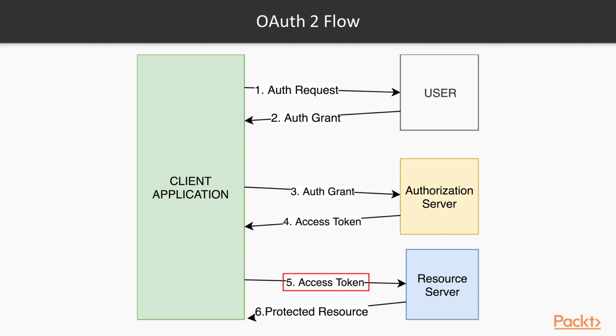Once we have that access token, we need to go to the resource server that is returning actual protected resources. So in this example, resource server could be also our Spring Boot application backend. So resource server and client application could be the same application, but not necessarily.